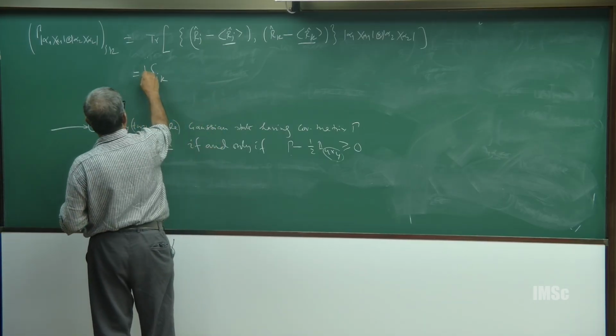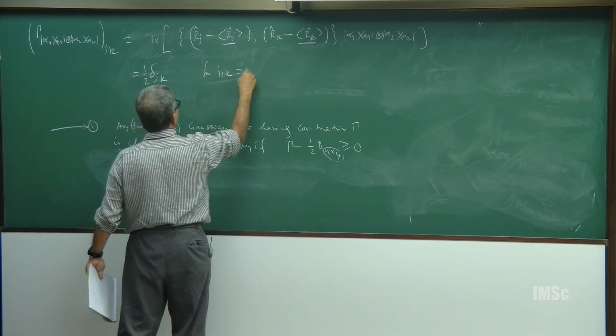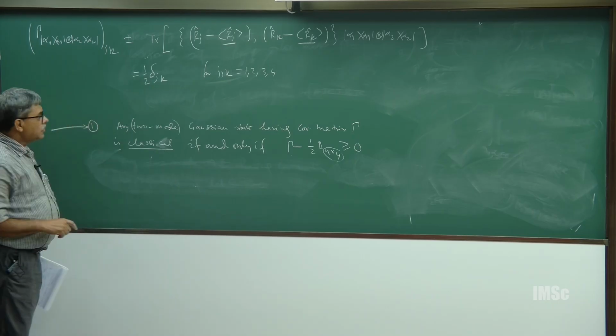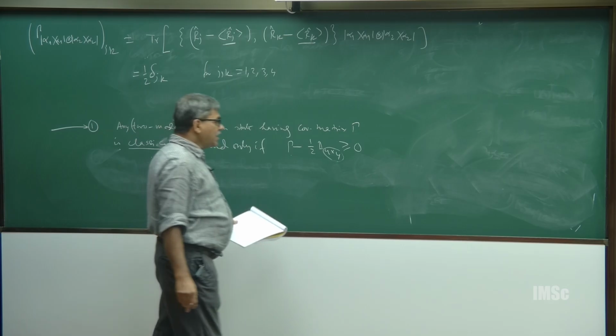Not delta jk, half delta jk, for j and k equal to 1, 2, 3, 4. If you calculate, this is what you will get. So what does it mean?